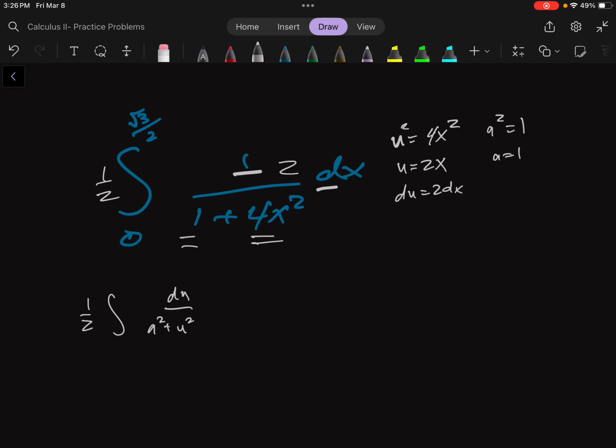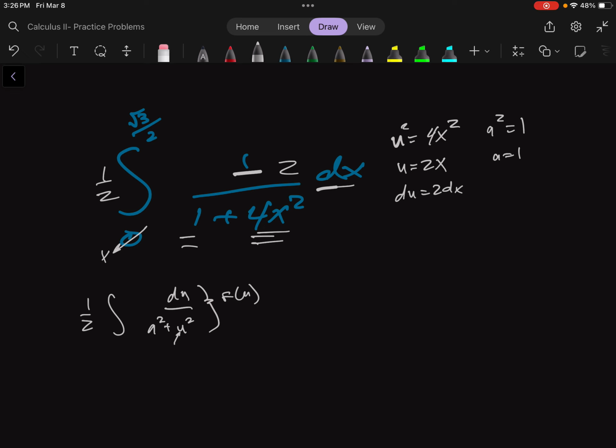But this is a function of u, right? So that means we want our bounds here. See, these bounds right here are x bounds, because this is x. But we want to change these into u bounds. That way we don't have to plug this function of u back in when we get that arctan of u over a. If we change the bounds now, we won't have to plug back in u.